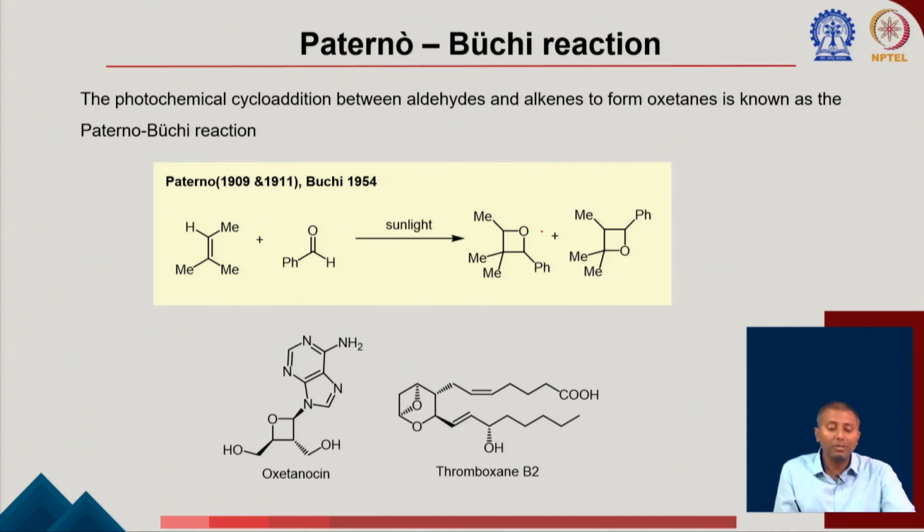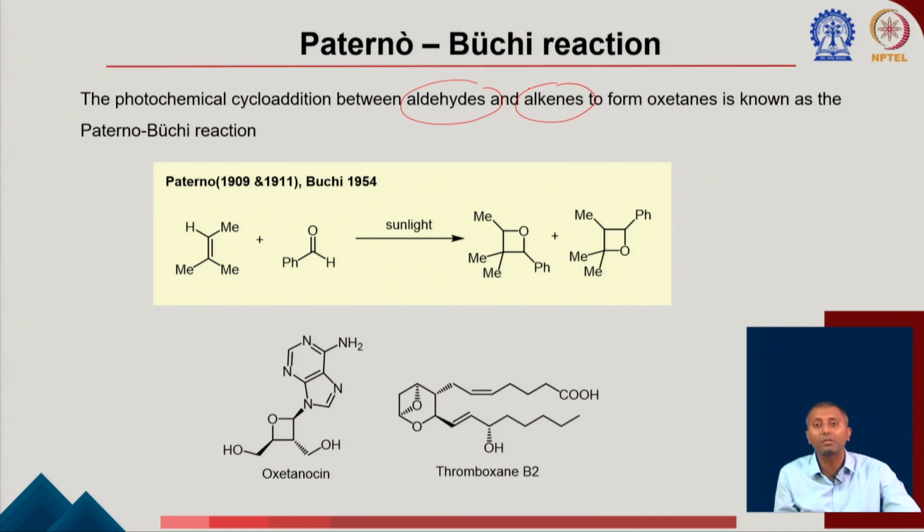It is a very important cycloaddition reaction between an aldehyde or ketone carbonyl and an alkene. If you remember in the last class, if you have a carbonyl compound, there was an n to pi star transition. We talked about the different types of fate. In one case, the Norrish type 1 reaction, there is generation of an acyl radical.